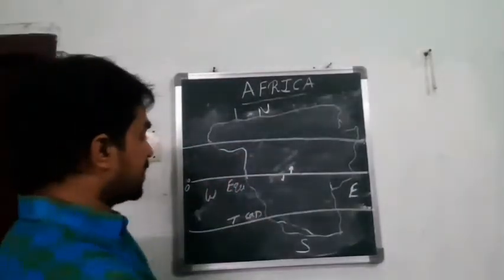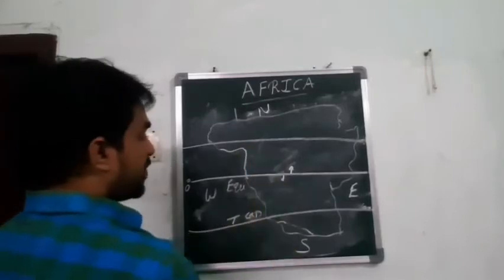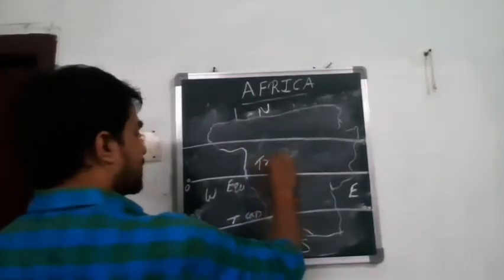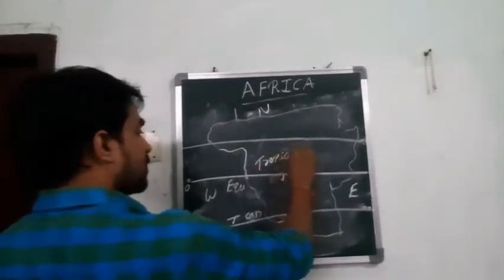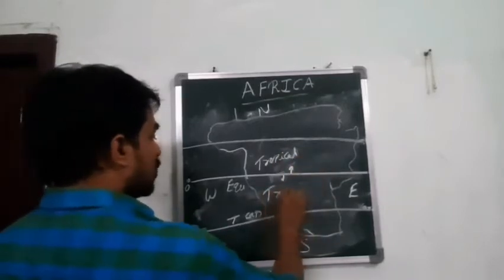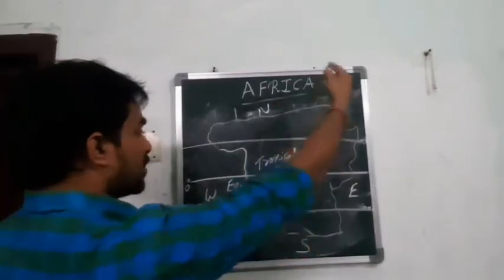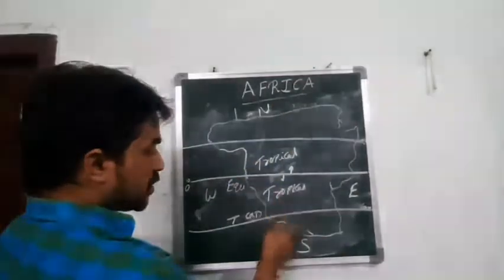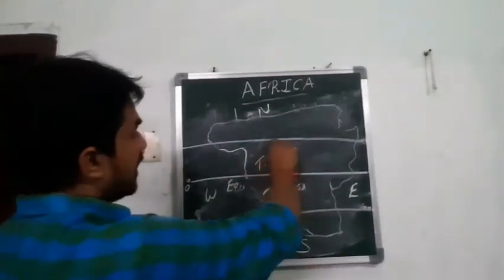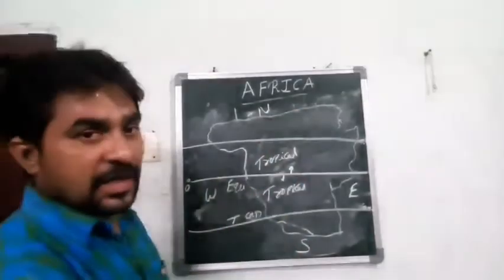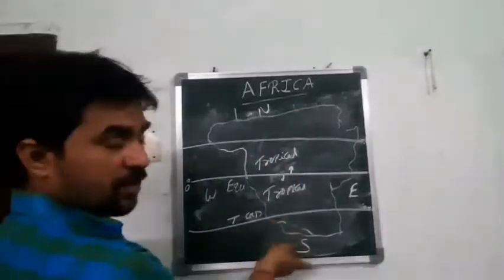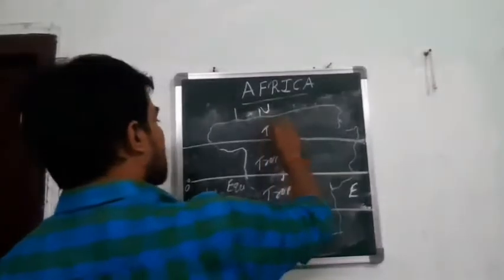Between the Tropic of Capricorn and the Tropic of Cancer is called the tropics. These two areas are called tropical areas, and north of the Tropic of Cancer and south of the Tropic of Capricorn is called the temperate zone.